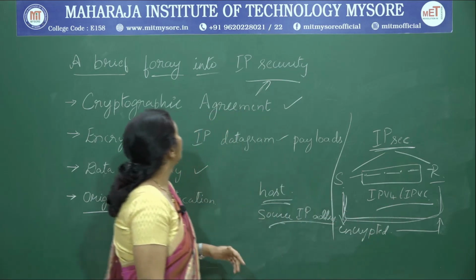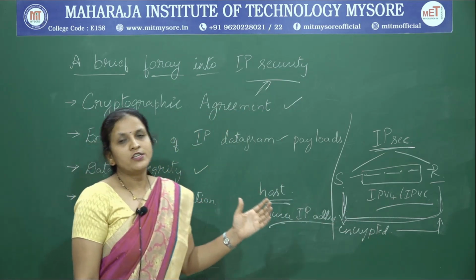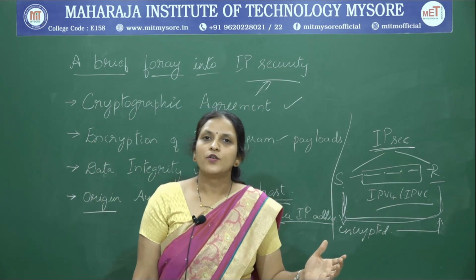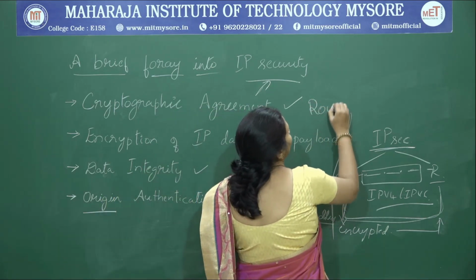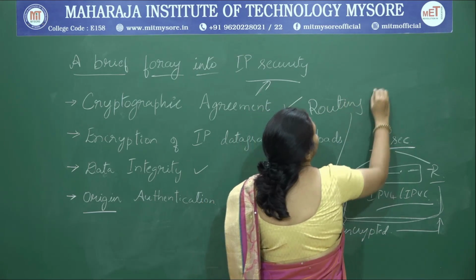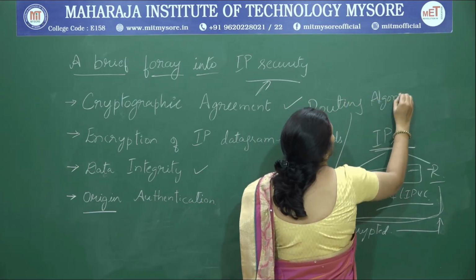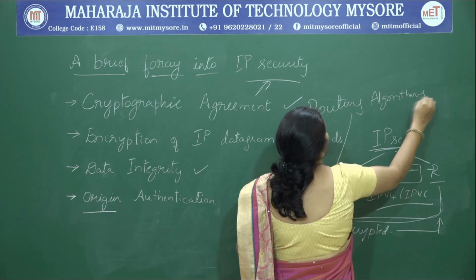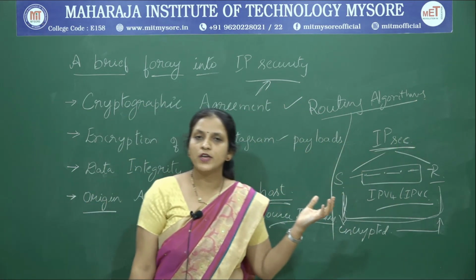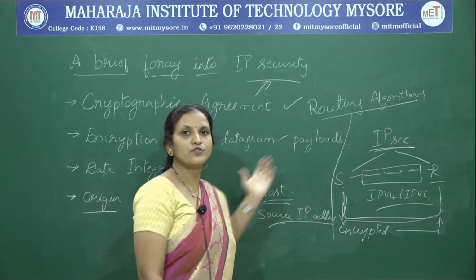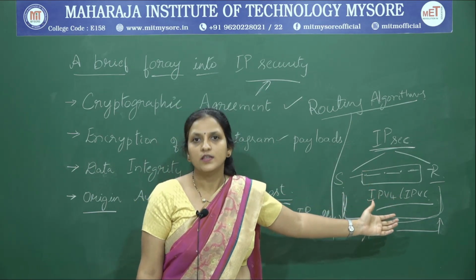So this is about our internet protocol. In the next class, we are going to discuss routing algorithms, with which we can route all these datagrams from source to destination across the network. Thank you.